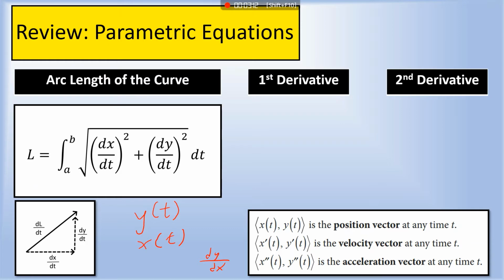No, I mean y and x in terms of t, and then you just write it dy over dt divided by dx over dt. Cool, dy over dx is equal to dy over dt over dx over dt. Okay, that looks good.